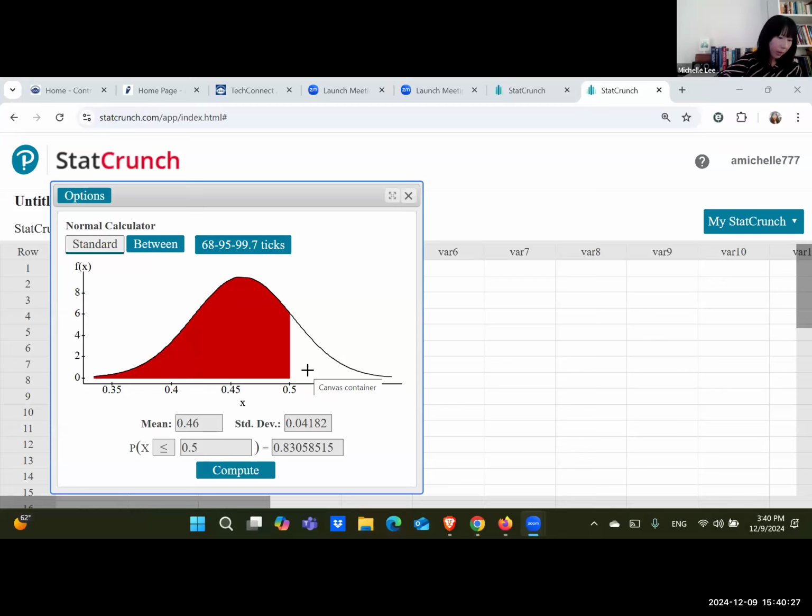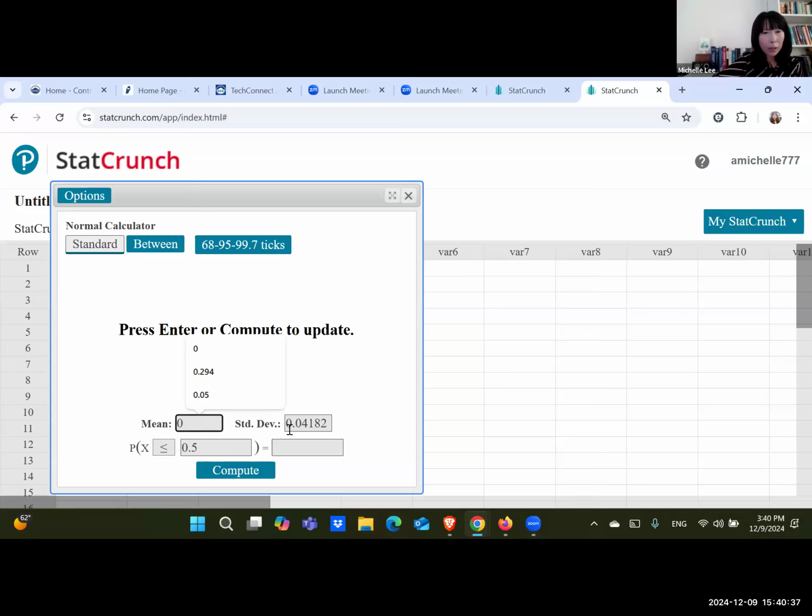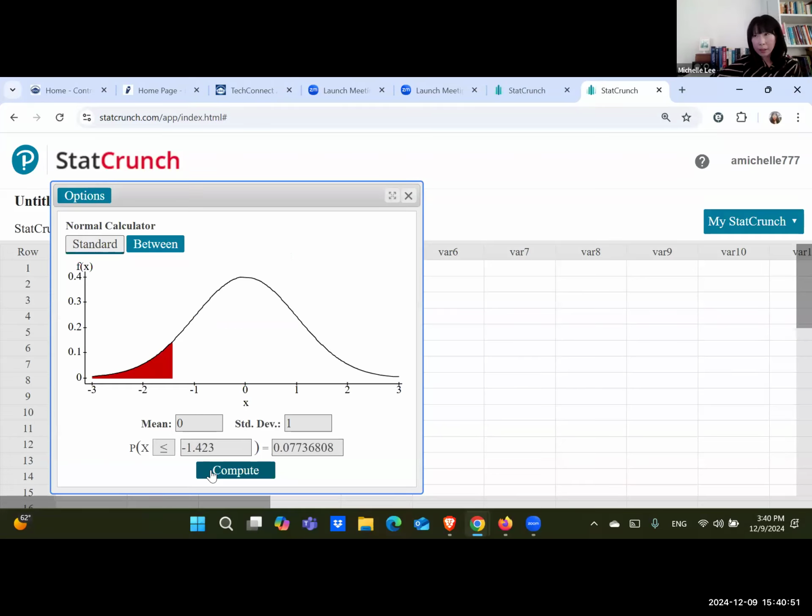So if we are using z-score, make the mean 0 and standard deviation equal to 1, and then z equal to negative 1.423. We want to know about the probability. That is the one. And then they ask us for four decimal places. So we get 0.0774.